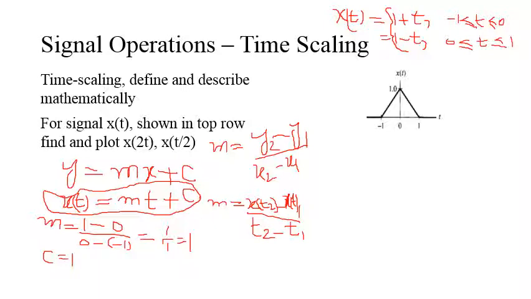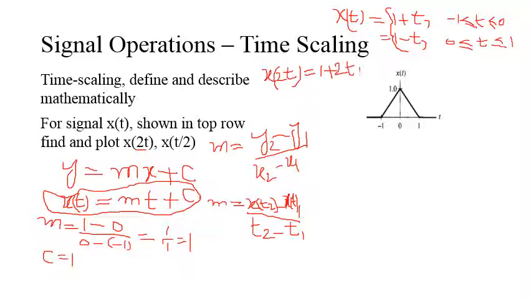Now if I want to scale it, for example, by a factor of 2, to find x of 2t is very simple. You just replace wherever there is t by 2t. So I can say that's 1 plus 2t.